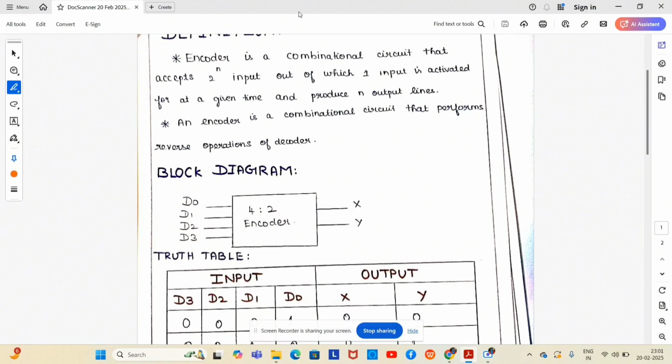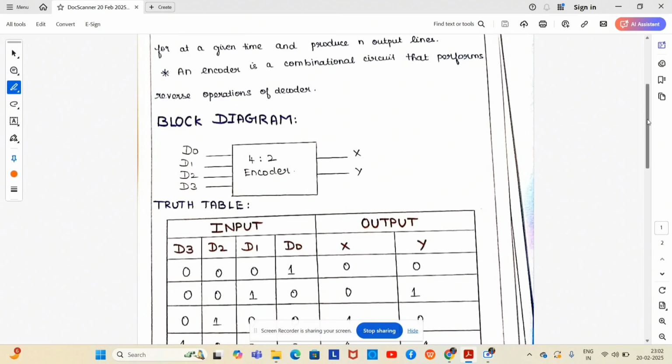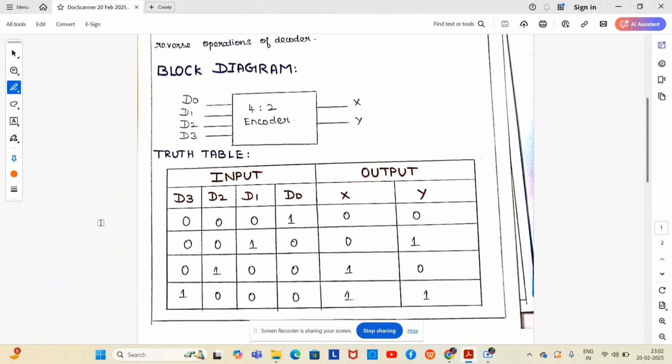Now let us discuss 4 is to 2 encoder. The block diagram of the encoder: 4 is to 2 means it accepts 4 inputs, that is D0, D1, D2, D3, and produces 2 outputs, that is X and Y. Next, the truth table for encoder.